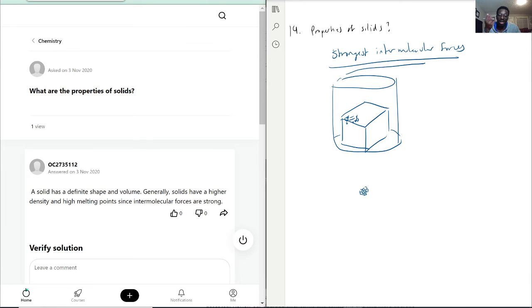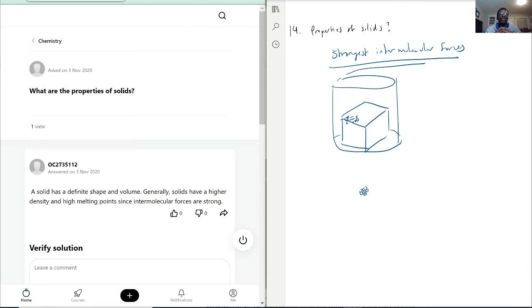And generally, they do have higher density. And the reason why they have a high melting point is that the intermolecular forces are so strong. When you have a very compact solid, like, I don't know if you've tried, and I don't think you should, trying to melt salt, not salt water, but just salt, you would notice that it is extremely hard to do, because salt has a very high boiling point.